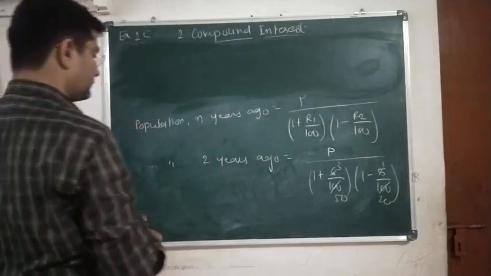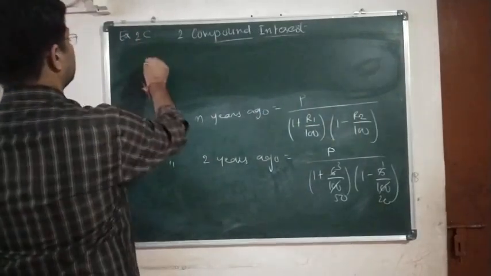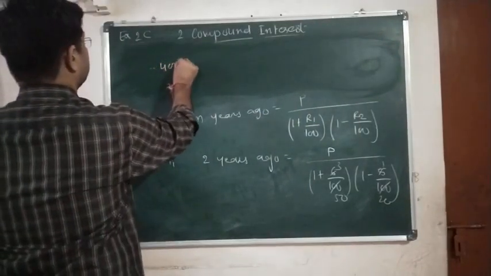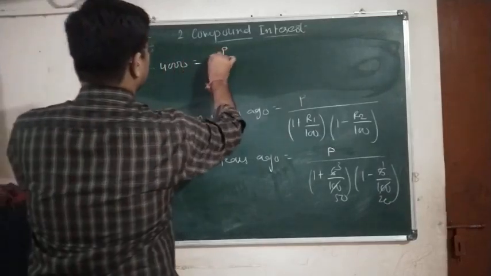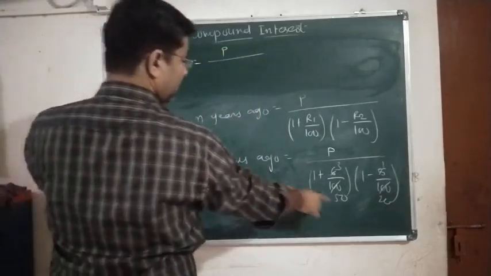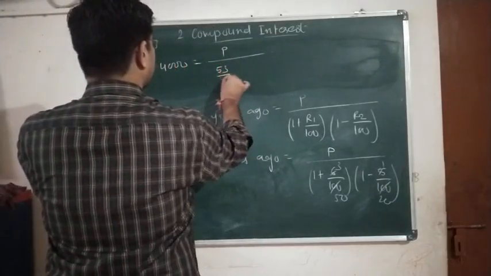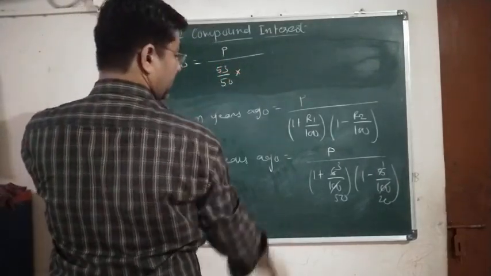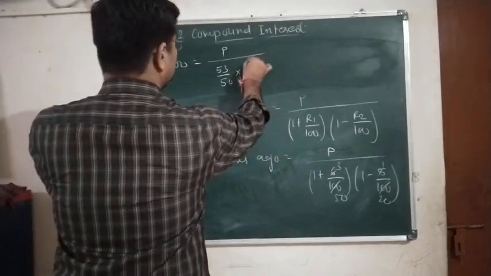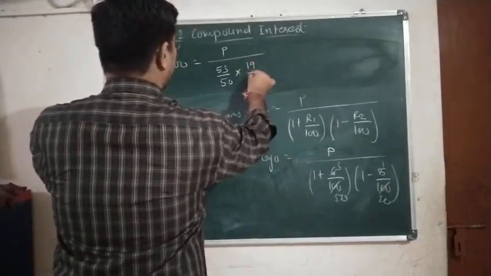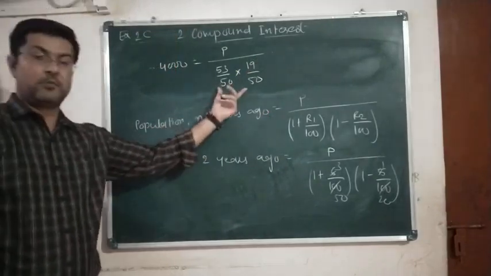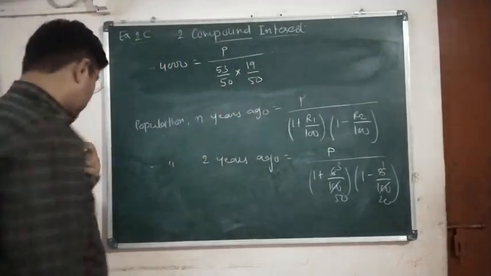Population 2 years ago, the value was 4000, is equal to P, we have to find. 53 upon 50 multiplied by 19 upon 50. Now these both fractions will be multiplied on the left hand side.